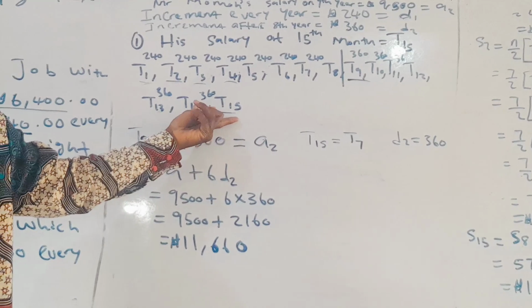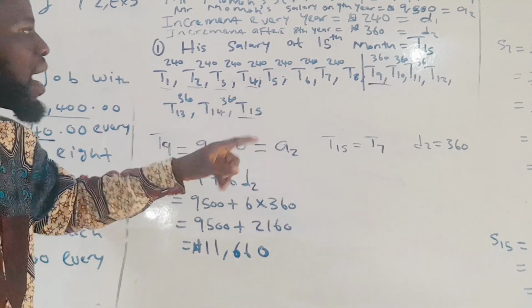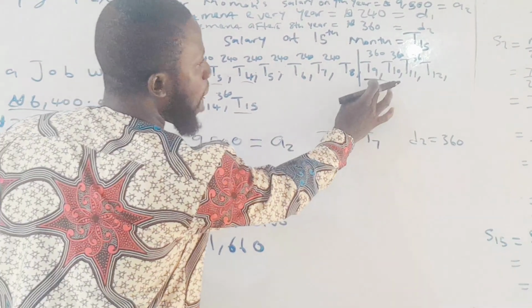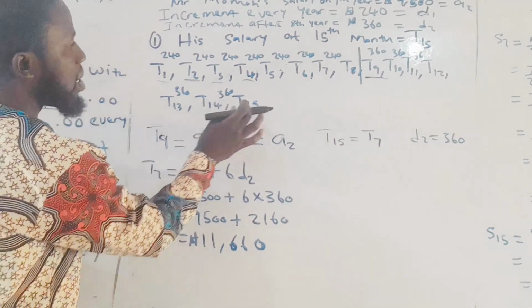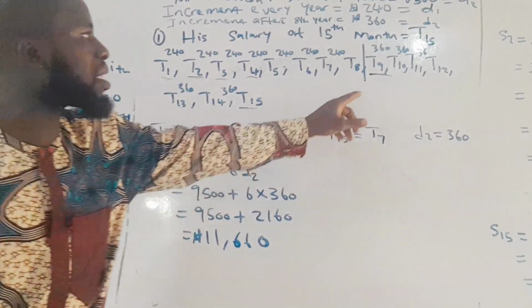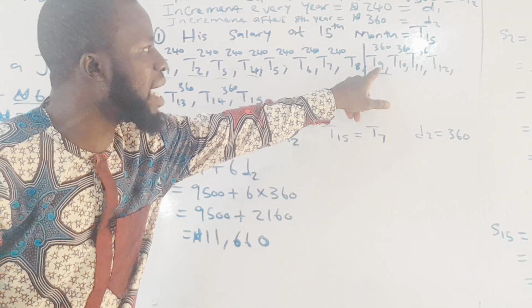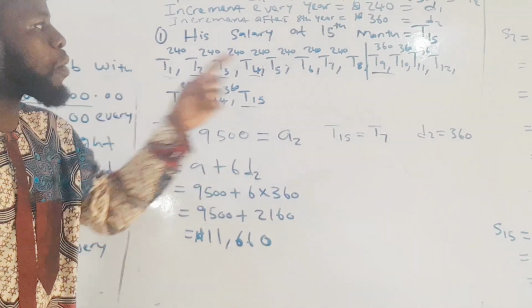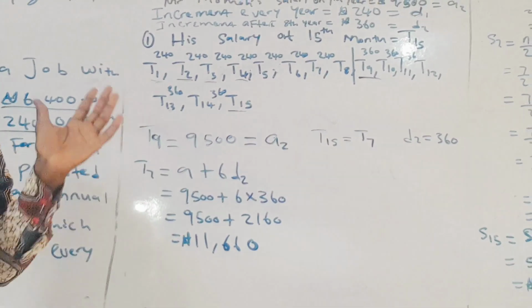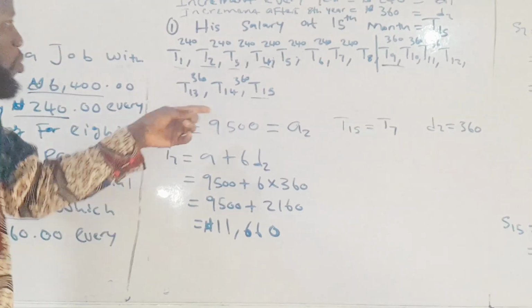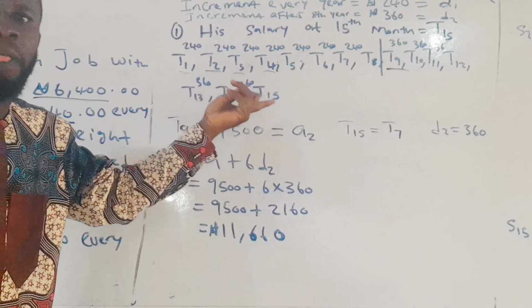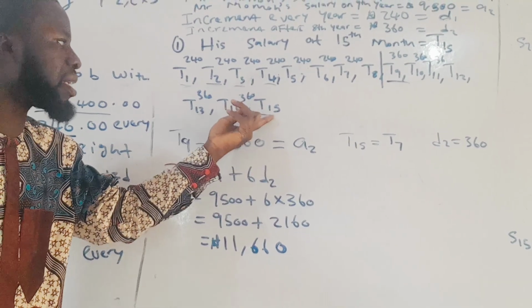T15, which is what they asked us to calculate, will now be the same as 1, 2, 3, 4, 5, 6, 7. So that means you are going to calculate the increment of 360 for 7 years, which will give us the 15th year's salary.